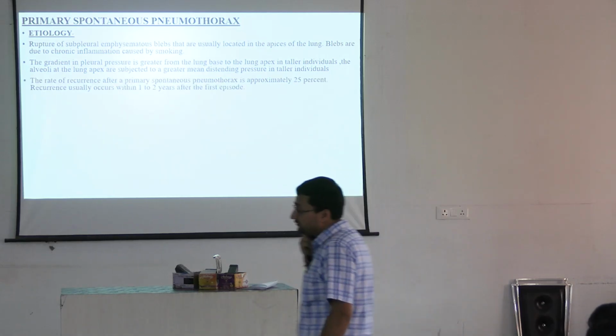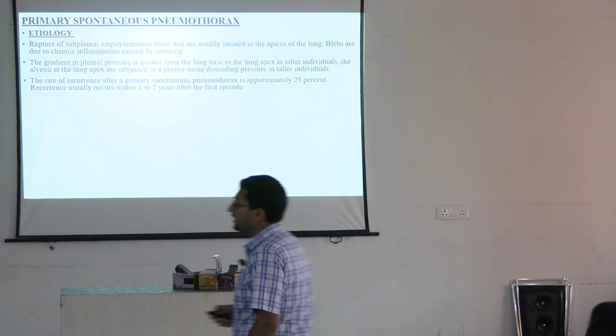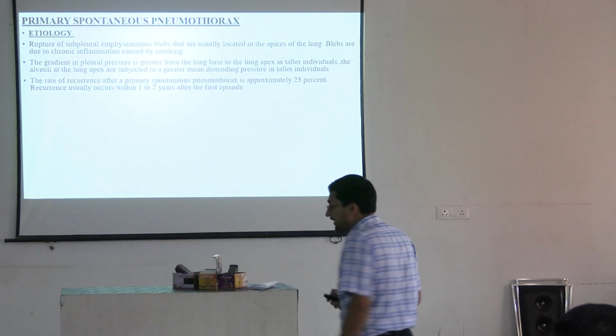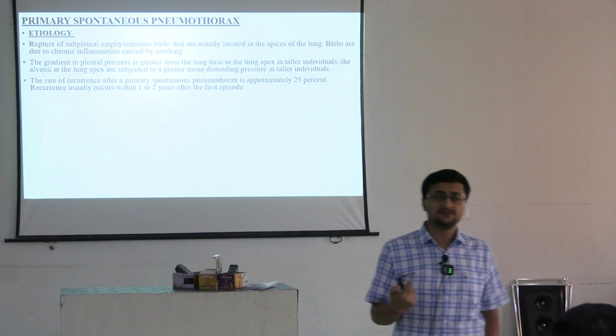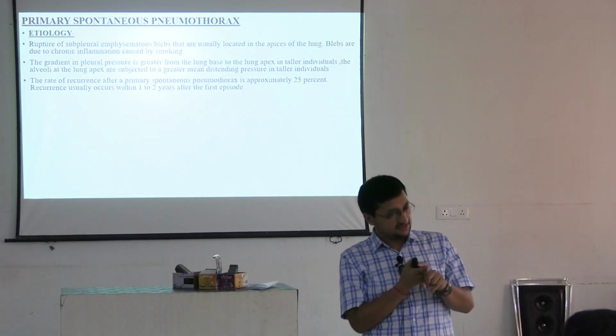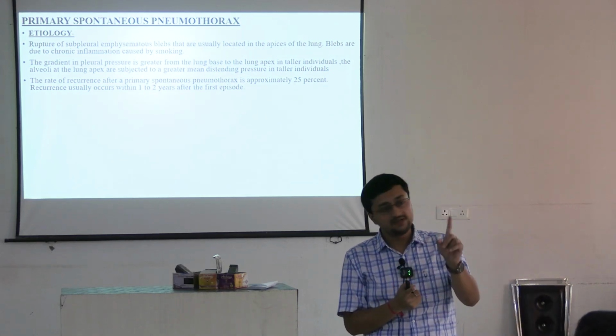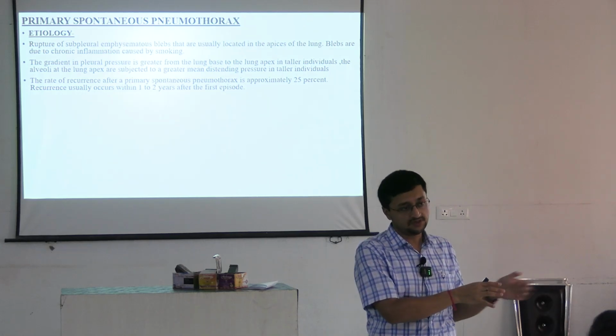And this is important, that the primary spontaneous pneumothorax has a chance of recurrence around 30%. Why is there a chance of 30% recurrence? Because suppose at the first episode, one bleb ruptures, okay, that is causing the pneumothorax.